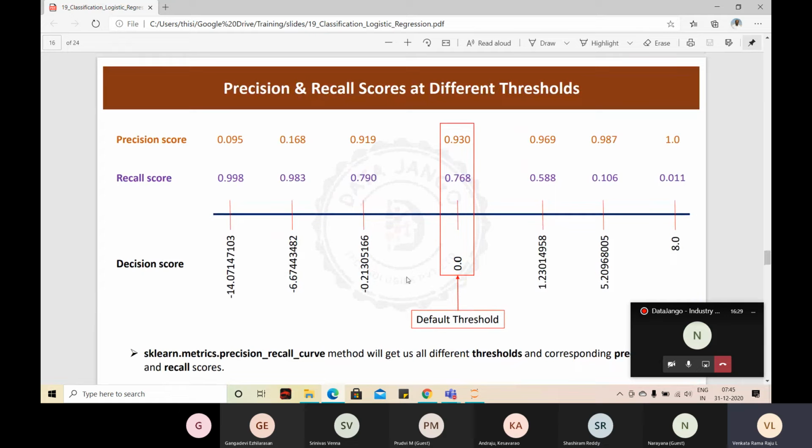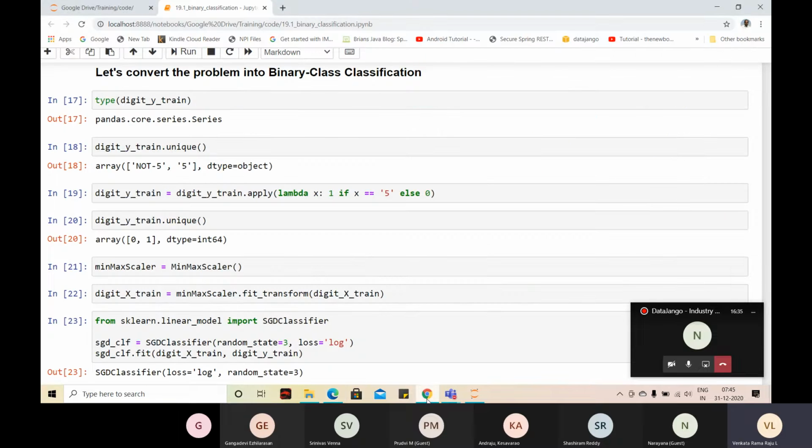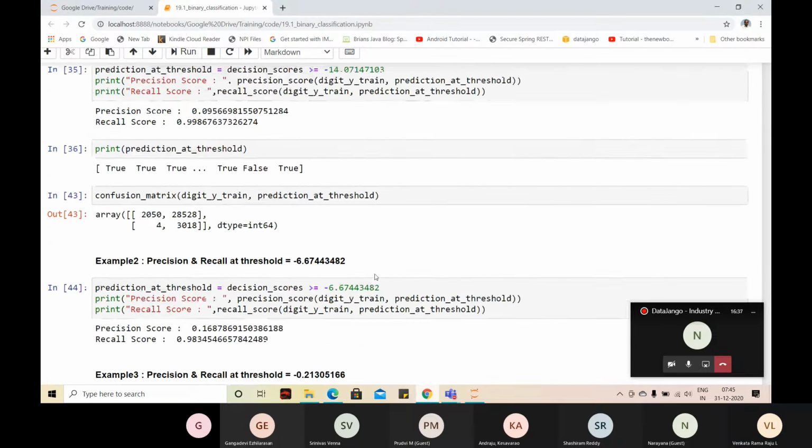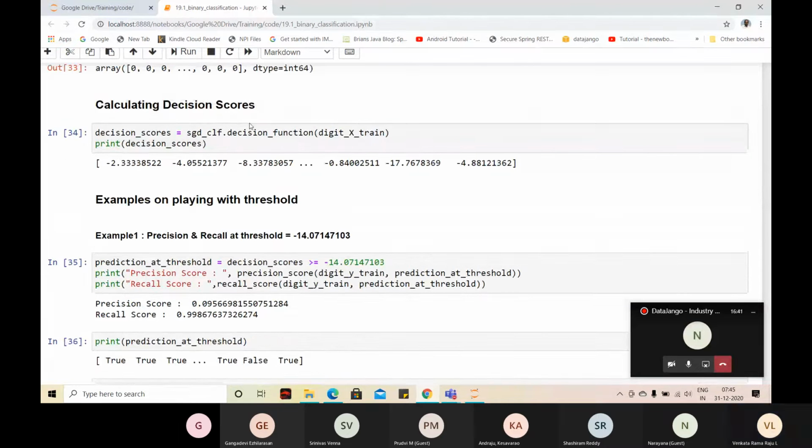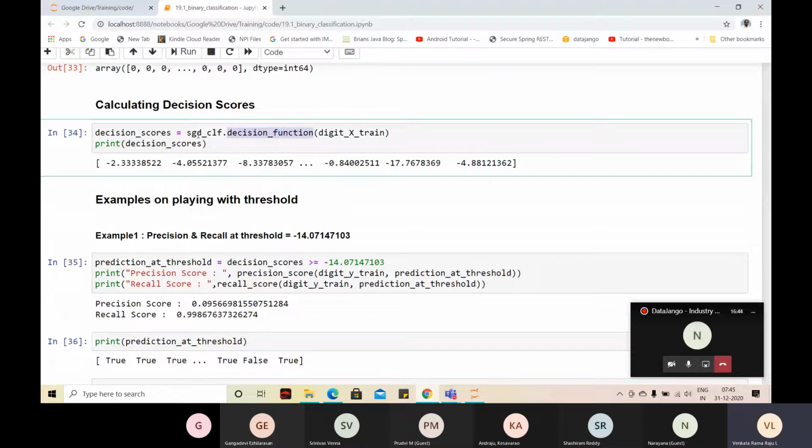So we took different thresholds and looked at precision scores and recall scores. That code is here. I have taken decision scores. When you say decision function, for every record there will be a decision score, because a decision score is nothing but the distance between the record and the decision boundary.